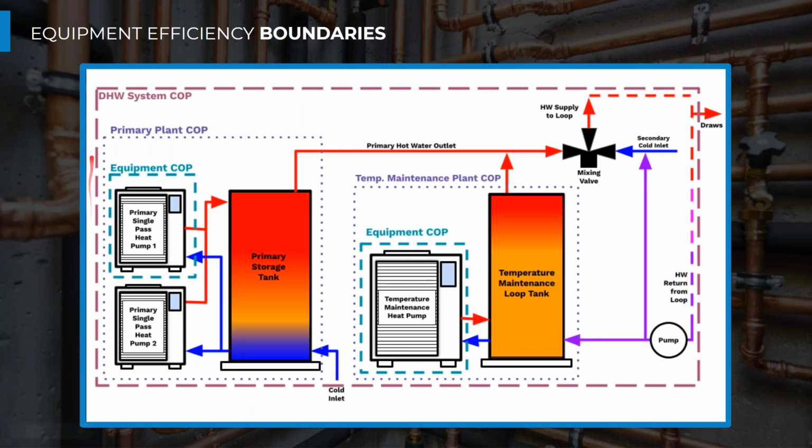So looking at the system as a whole, not just looking at a given manufacturer's spec sheet where they publish a COP of 4, and that's what I'm going to put into my energy code model or my LEED model or whatever energy estimations for the client I'm working for. So it's really important that we consider what our domestic hot water system COP is. And I mentioned the Advanced Water Heating Specification 8.0 that's in draft form and going to be released sometime next year, I think is the target, or possibly later this year.